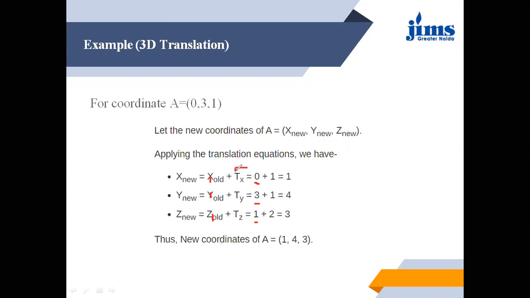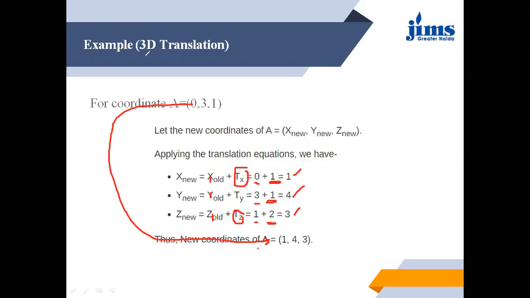We perform 1 unit translation on the x-axis, 1 unit on the y-axis, and 2 units on the z-axis. So the new values are 0 plus 1, that is 1, 3 plus 1, that is 4, and 1 plus 2, that is 3. So the new point corresponding to point A is 1, 4, 3.